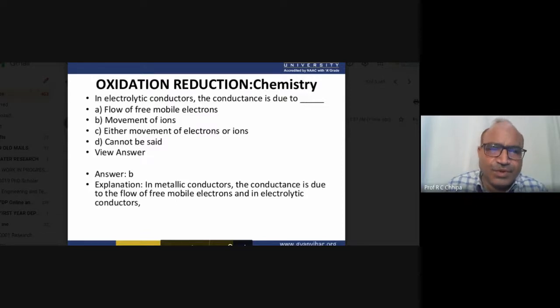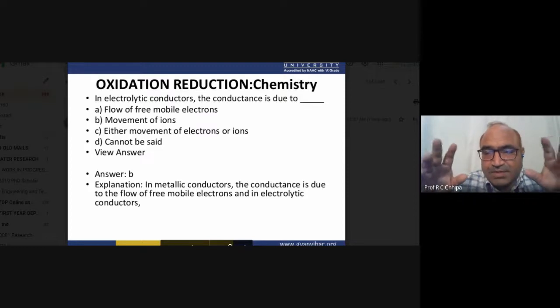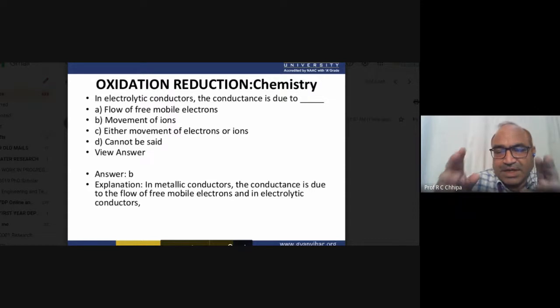Even the most valuable application of oxidation reactions is the use of batteries. Batteries definitely involve electron transfer. We use rechargeable batteries; we charge the laptop and the mobile phone. In the present context, electric vehicles, the main thing is the electric battery.